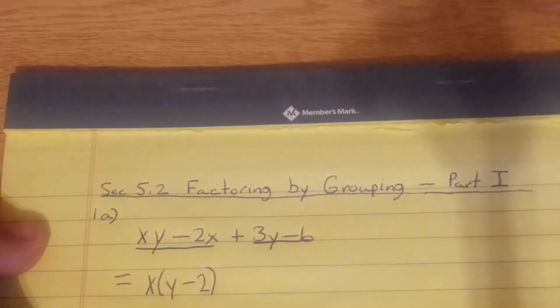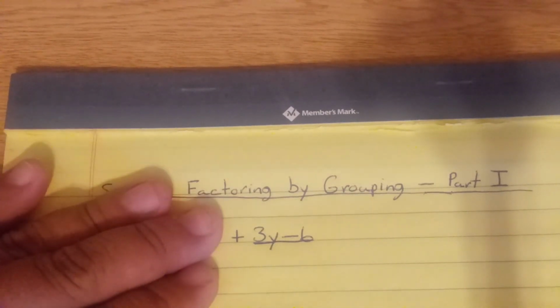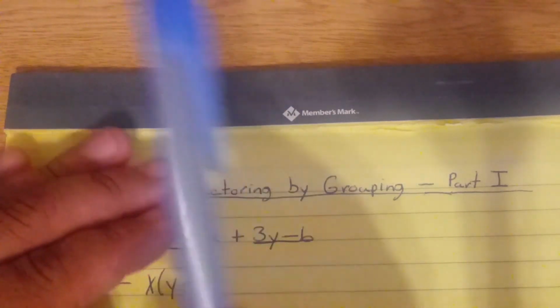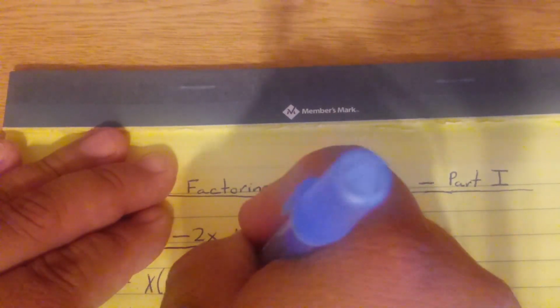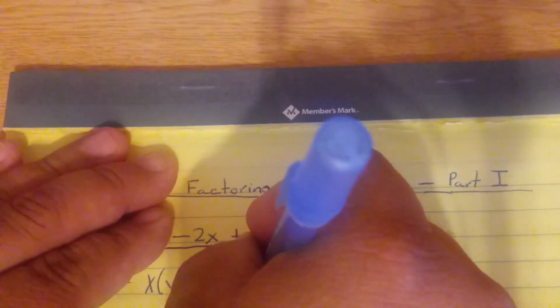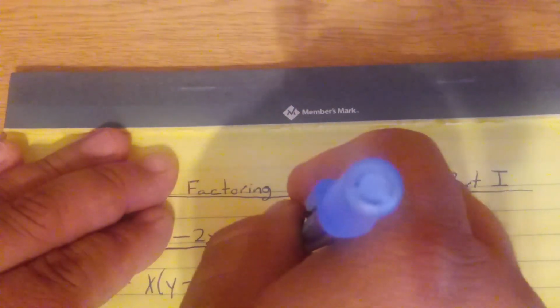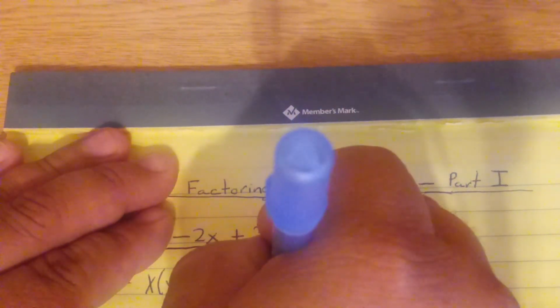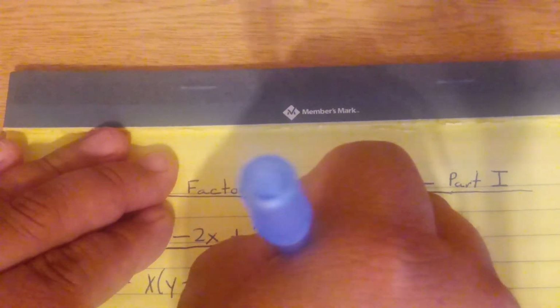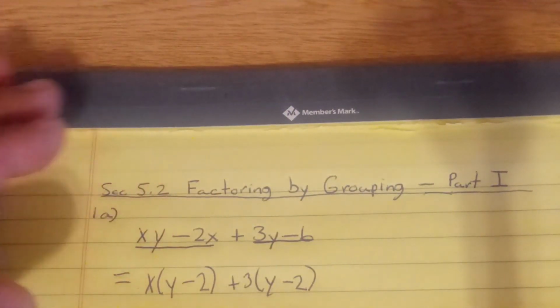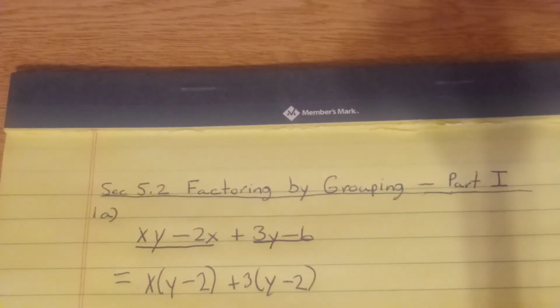Now the idea here is that we should end up with the same polynomial for that second pair. So if you cover this up, both of these terms have the 3 in common. So we factor out the 3. 3 goes into 3 once, so it's 1y, or simply y, and -6 divided by 3 will be -2.